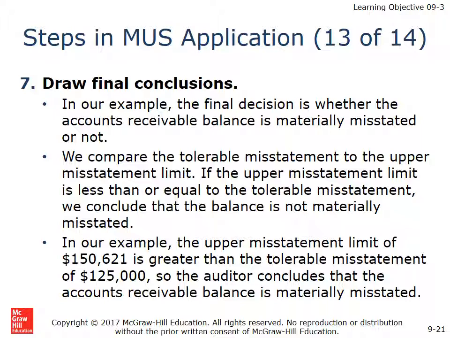In our example, the upper misstatement limit of 156.21 is greater than the tolerable misstatement for that account of 125,000. So that's how we would use all of that calculation we just did to determine if the account is materially misstated.